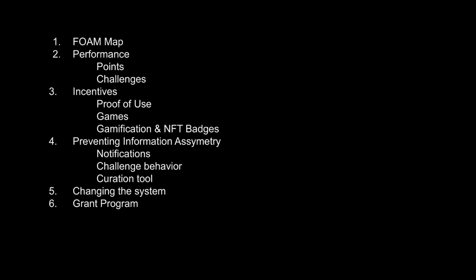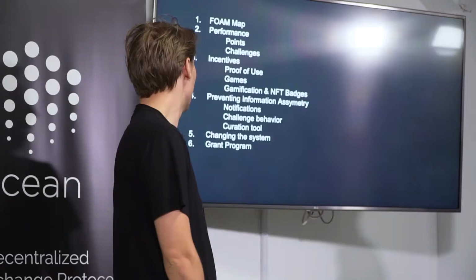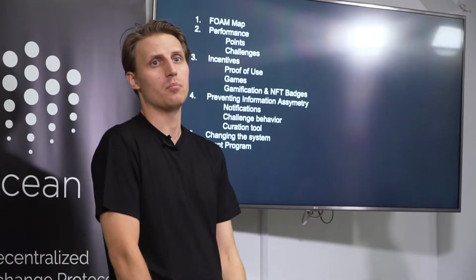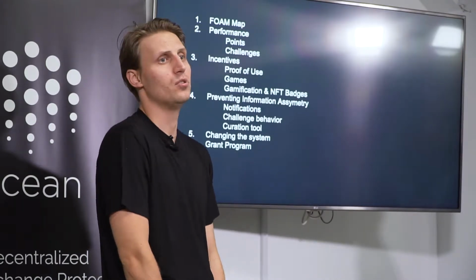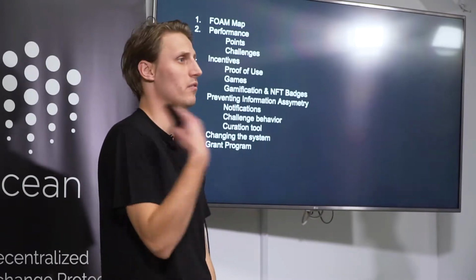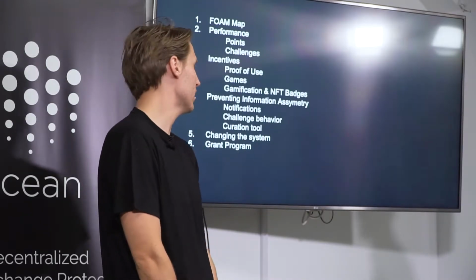So basically the presentation we prepared walks through first the Foam app, which is a Web3 application we launched and have some data on. We're going to look at the performance of that web application. We'll look at some new incentives that we've added on top of the cryptoeconomic incentives.